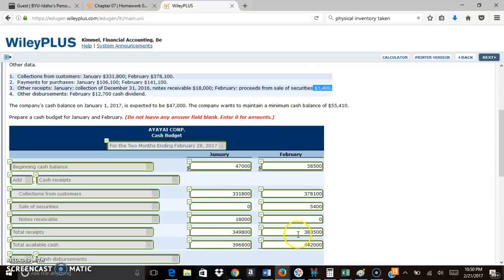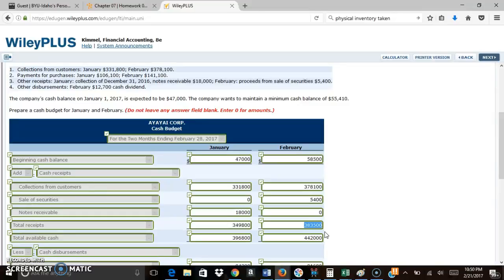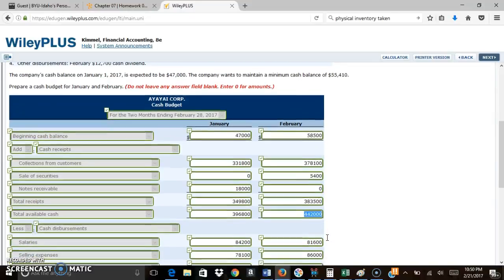And then the total receipts, we add 378,100 plus 5,400, and that'll give us 383,500. So then we have total available cash by taking 383,500 plus 58,500, which gives us 442,000.